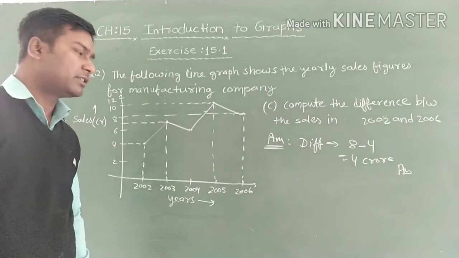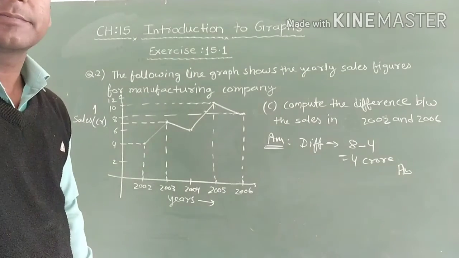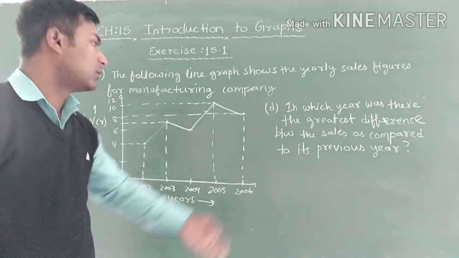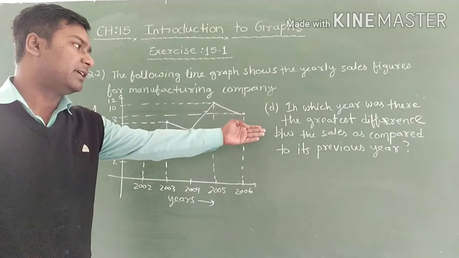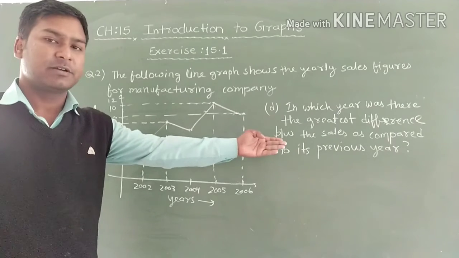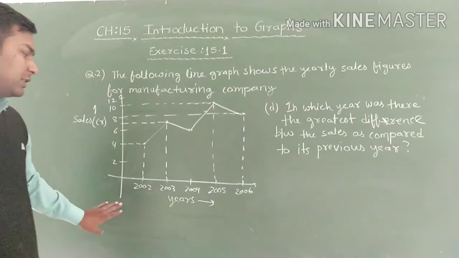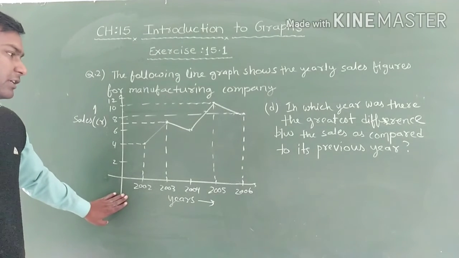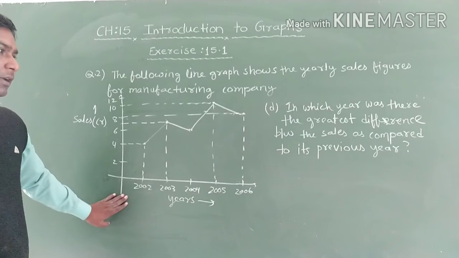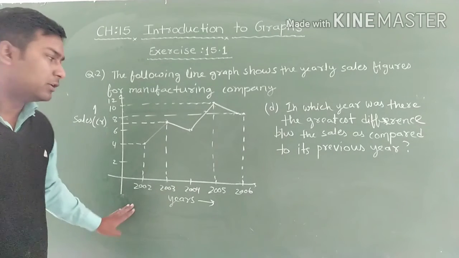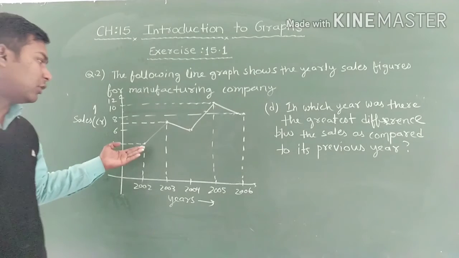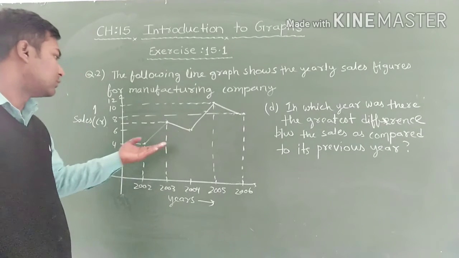Now next, D part. In which year was there the greatest difference between the sales as compared to its previous year? We have to see in which year the difference of sales is maximum. We can see which is the longest line here. These line segments are the longest.